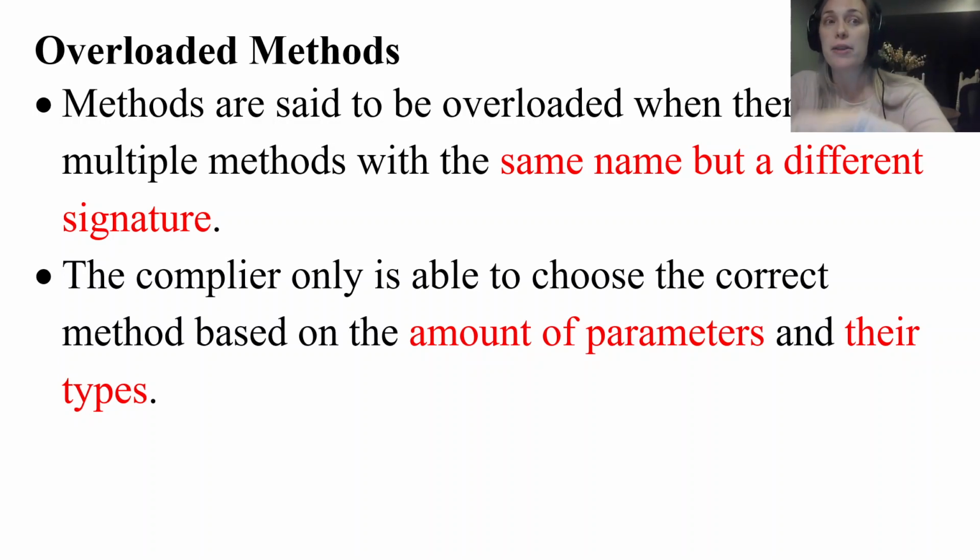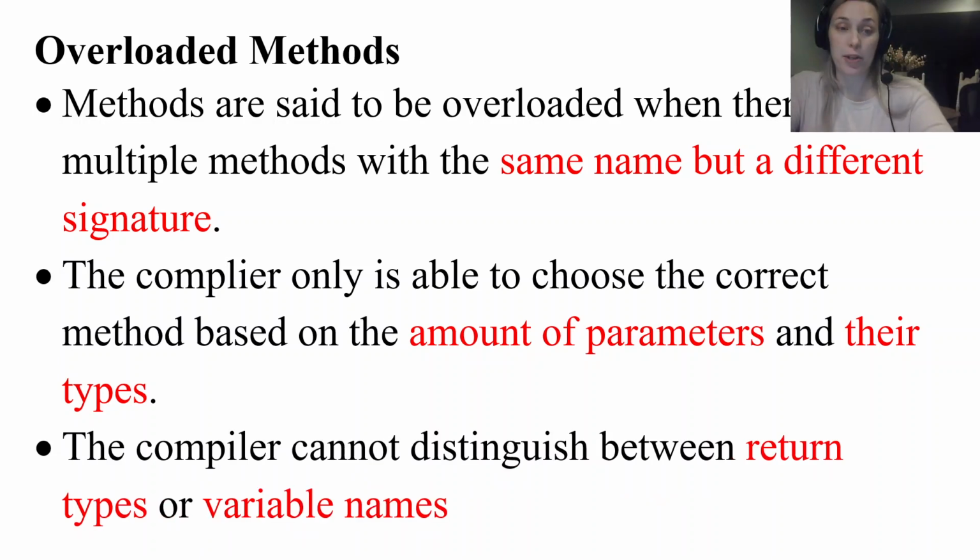So overloaded methods have different parameter lists. They do not have different return types or variable names. So return types meaning if it was void versus an int, or variable names in your parameter list, it doesn't distinguish between those, just between the amount of parameters and their types.